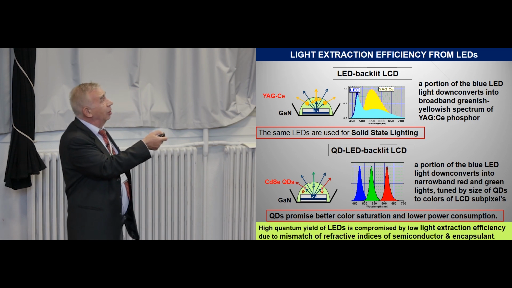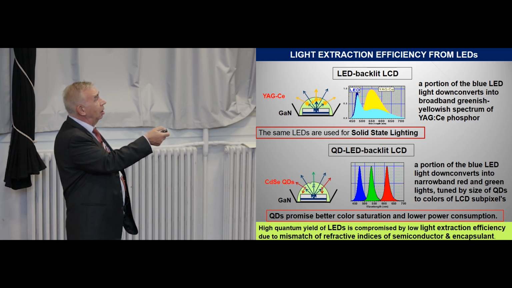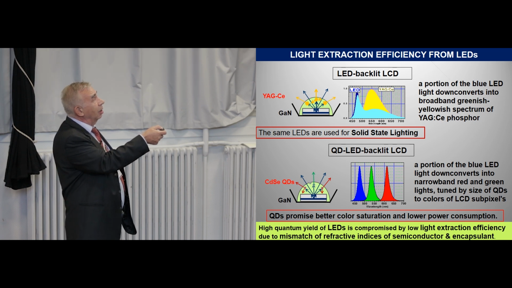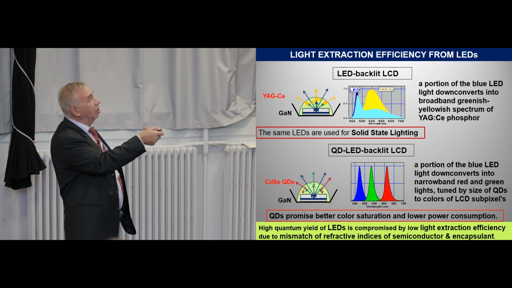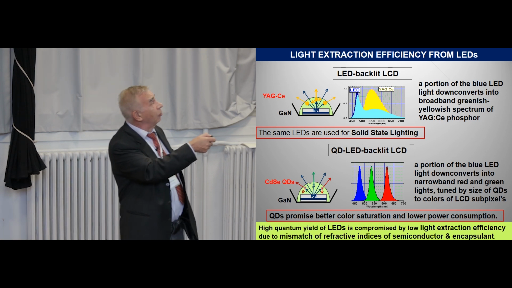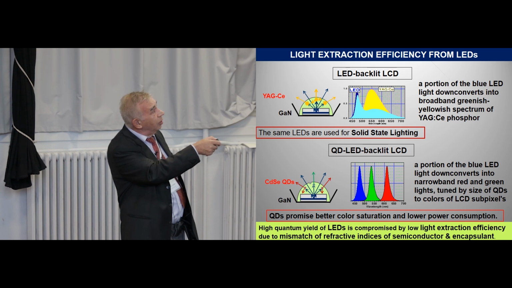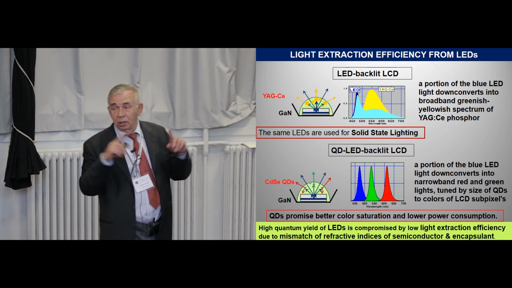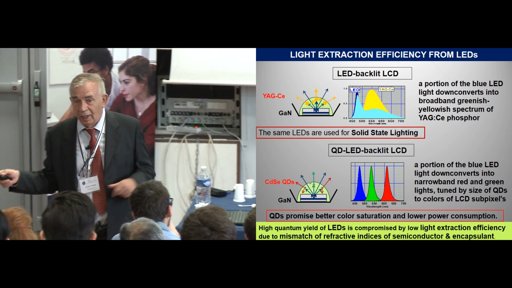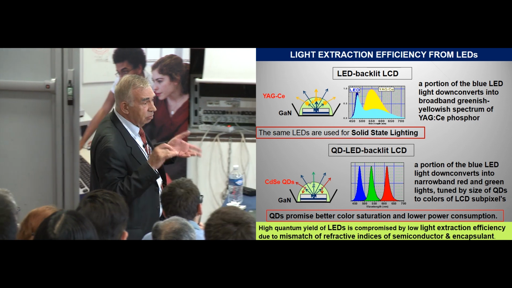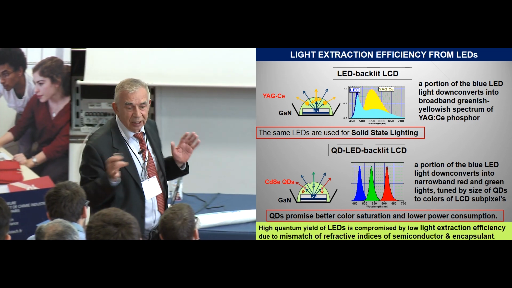The blue gallium nitride LED excites the conventional YAG:Ce phosphor, and a portion of the blue light of the LED, which is seen here in dark blue, is then converted into broadband emission of the phosphor. So we have some simulation of white light.